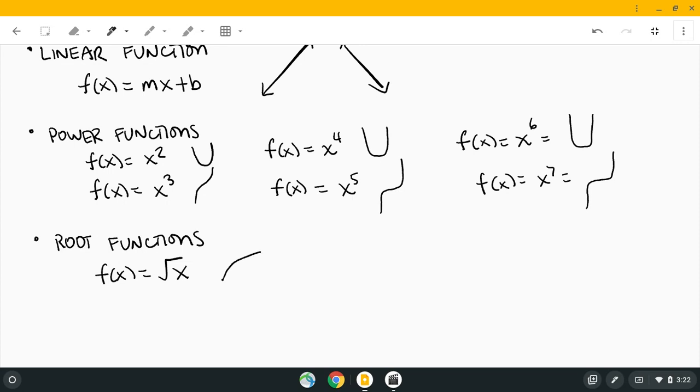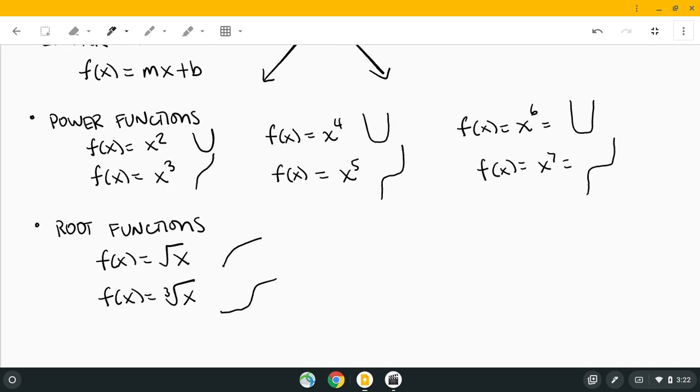Okay, f of x equals the cube root of x. So that's kind of like your sideways x cubed. Okay. And then the same thing with f of x equals the 4th root, 6th root, and then here the odds. Okay.